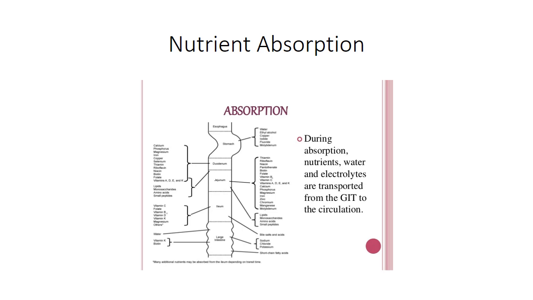Then when nutrients are absorbed and circulate with blood, blood capillaries are surrounded by cells, and cells pump these nutrients from the capillaries inside themselves. Like all cells have the so-called glucose transporter.